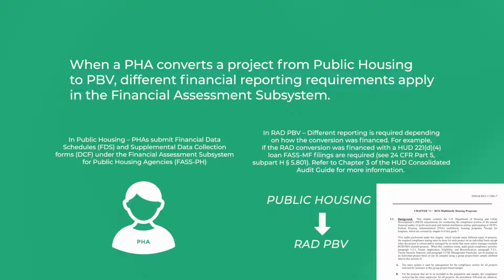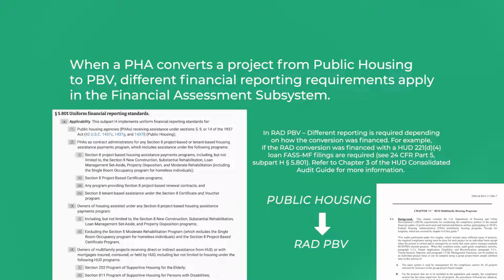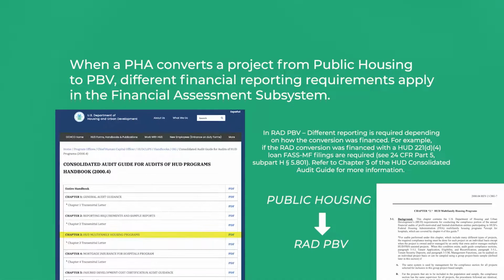For example, if the RAD conversion was financed with a HUD 221D4 loan, FAS-MF filings are required. See 24 CFR Part 5, Subpart H, Section 5.801. Refer to Chapter 3 of the HUD Consolidated Audit Guide for more information on RAD PBV reporting requirements.